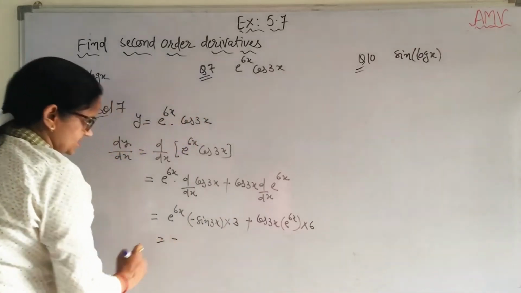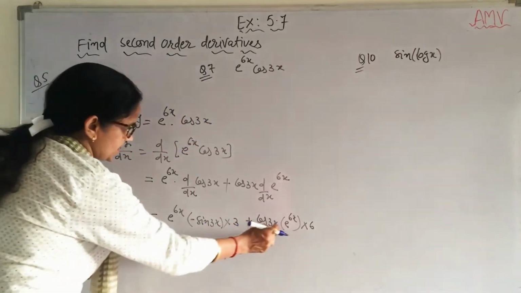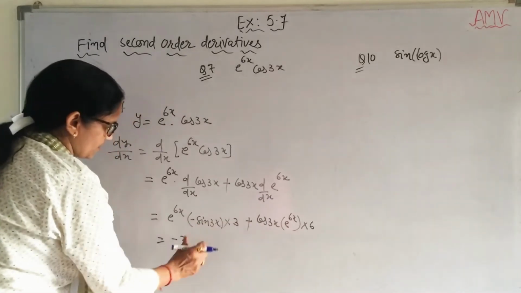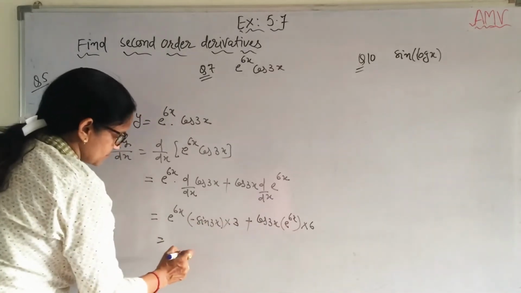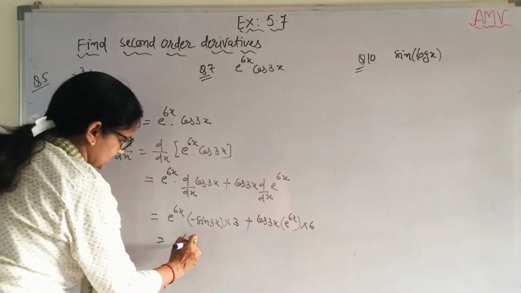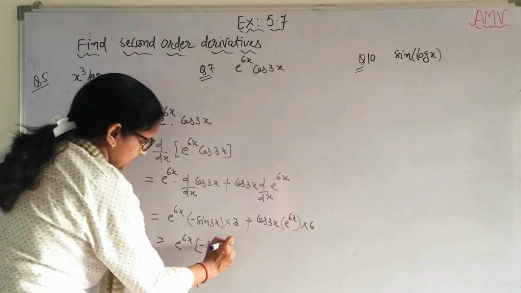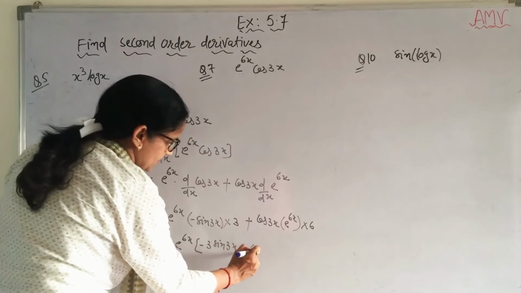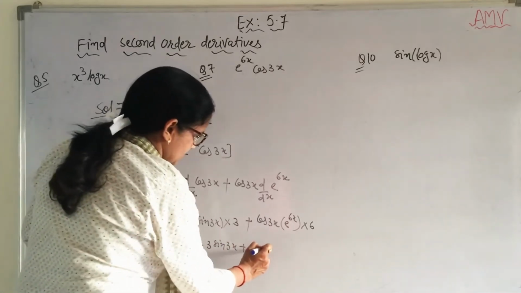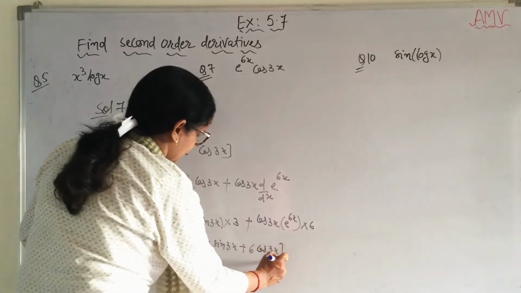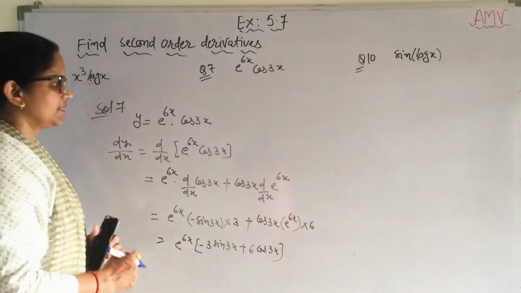So it is minus 3. e raised 6x is common. Okay. So first you can write e raised 6x. Here it is minus 3 sin 3x plus 6 cos 3x. Okay. It is the first order derivative.